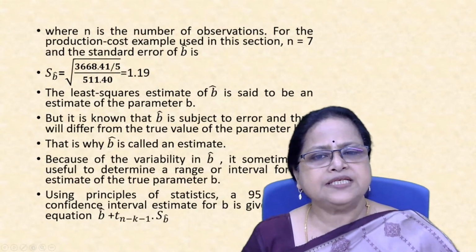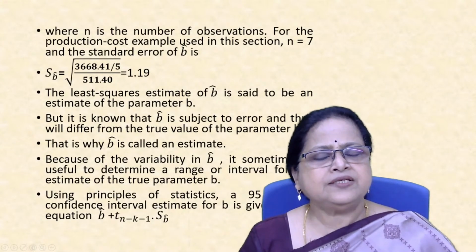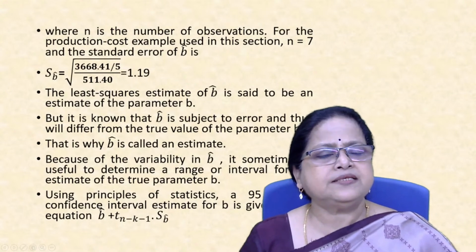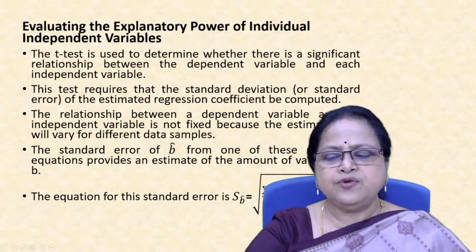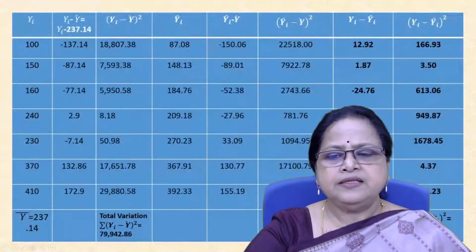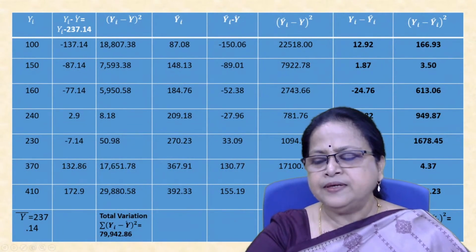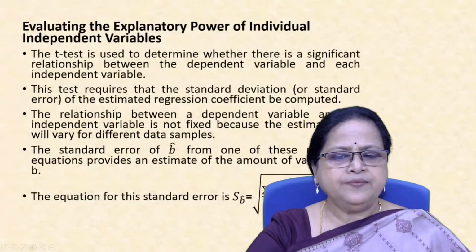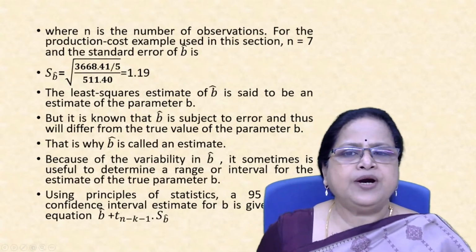For the production cost example in our earlier slide, n was equal to 7, and the standard error of B can be written with the formula: summation yi minus y hat square. This we can get here, 3668.41 at the right hand side. Then we can put it here, and this will come 1.19.